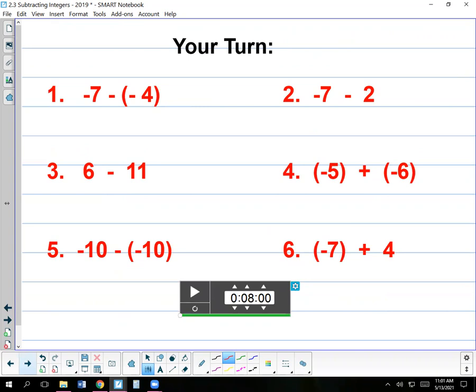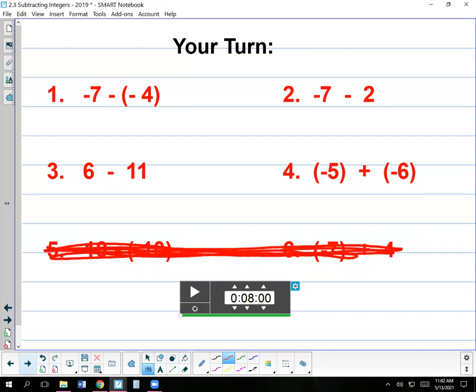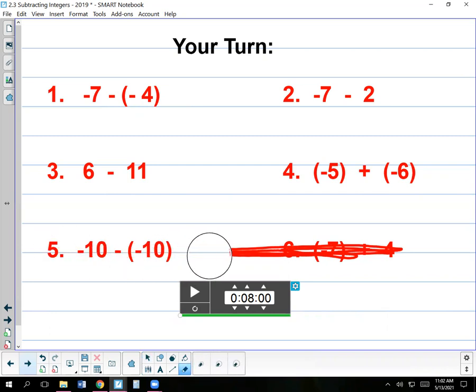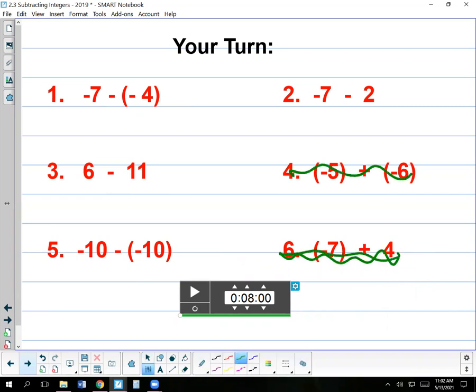Because of time's sake, we're gonna do just the first 4, please. If you notice that these are a mixture, actually do these ones. Now again, if I was doing homework, I would rewrite it as an addition problem.